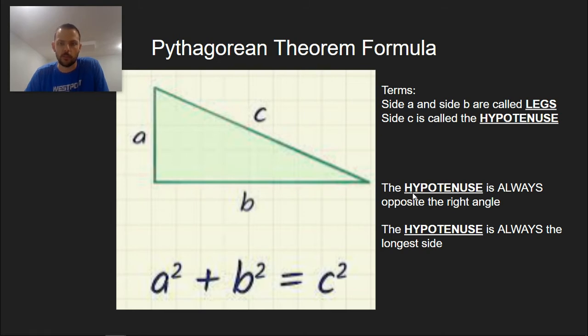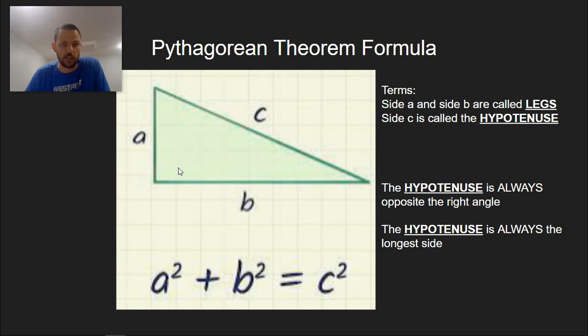All right. So the hypotenuse, side C, is always opposite the right angle. It's not touching it. We would say it's not adjacent. Adjacent means right next to. The only side that 90-degree angle does not touch is the hypotenuse. It touches both the legs. The hypotenuse is always the longest side, okay?